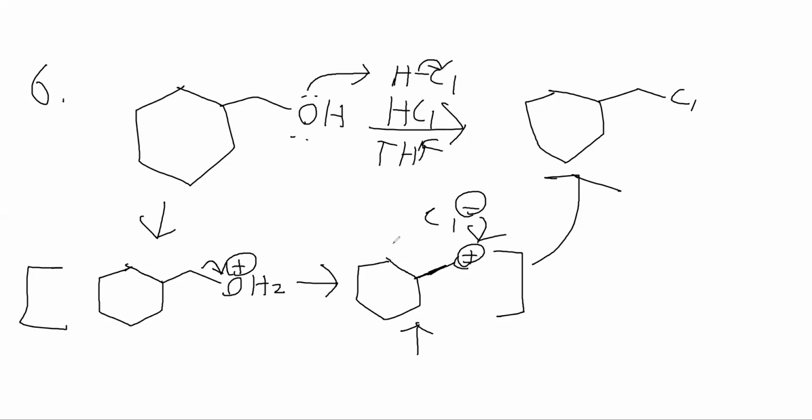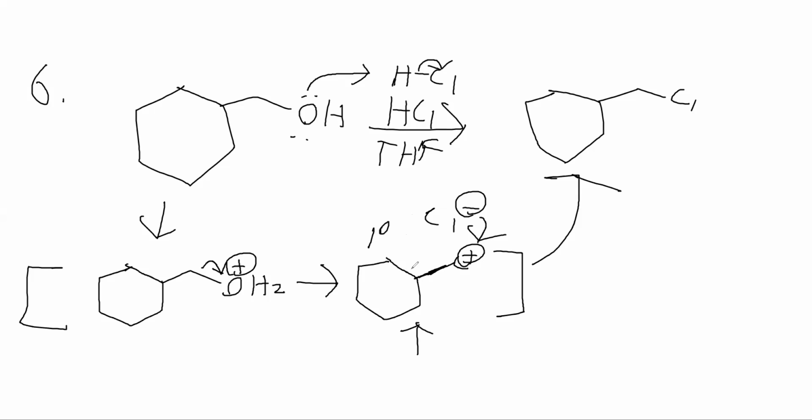It's only bonded to one other carbon, so it is a primary cation. And our primary cation is very stable. Can anybody say yes or no? Are they stable? No, they're not very stable. They're pretty much the most unstable cations.